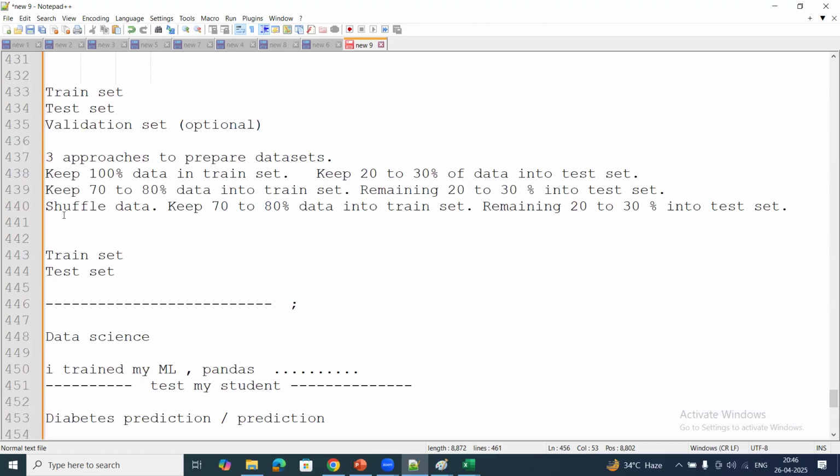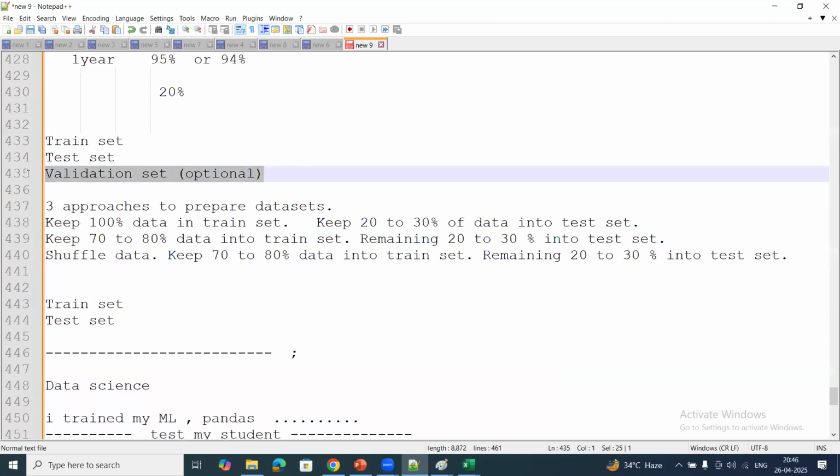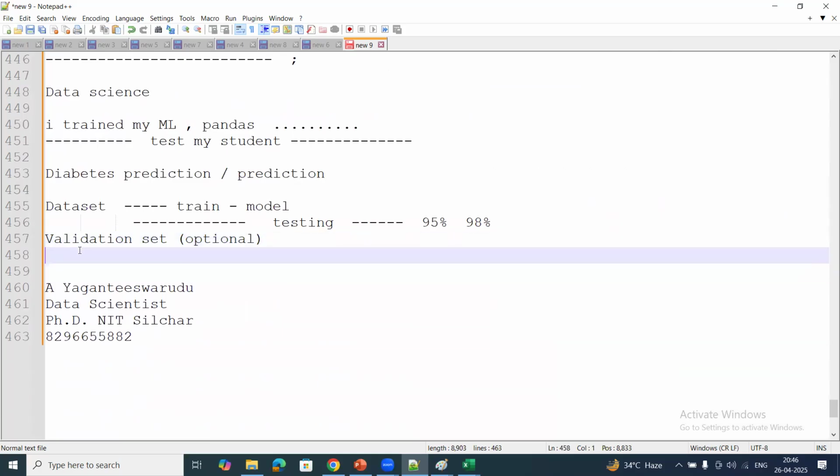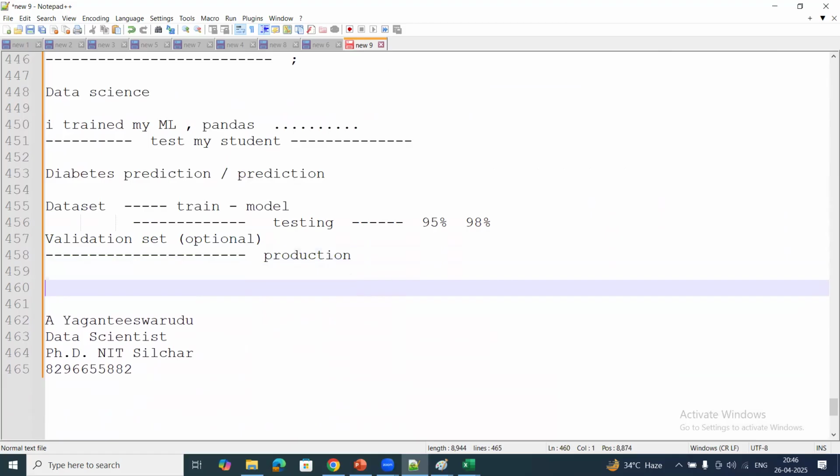And I'm telling one more data set, the validation set, is optional. Usually the validation set is performed in production. So I'm going to validate it during production. Let us say I trained my student, I tested my student, and my job is done there itself.